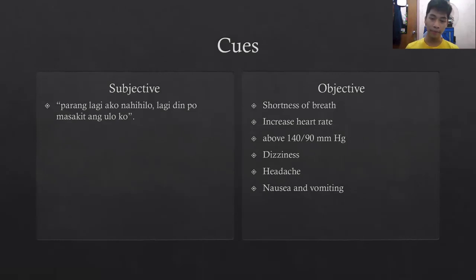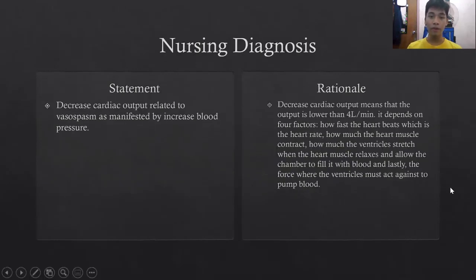headache, nausea, and vomiting. For our nursing diagnosis, it is a decreased cardiac output related to vasospasm as manifested by increased blood pressure. So the reason for having this nursing diagnosis is because a decreased cardiac output means that the output is lower than 4 liters per minute.